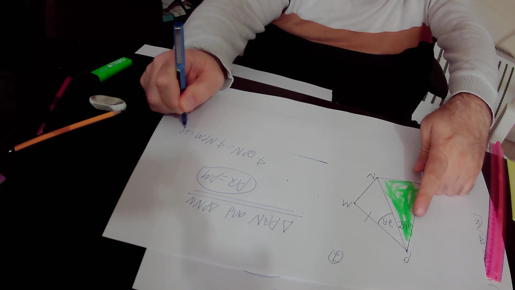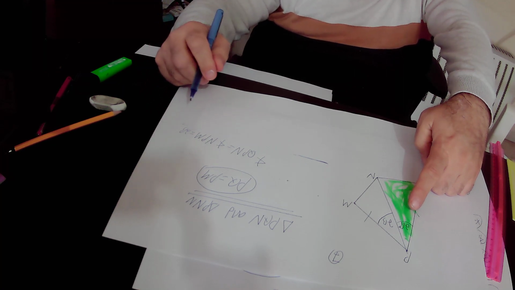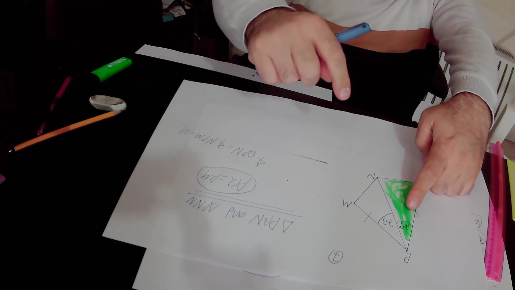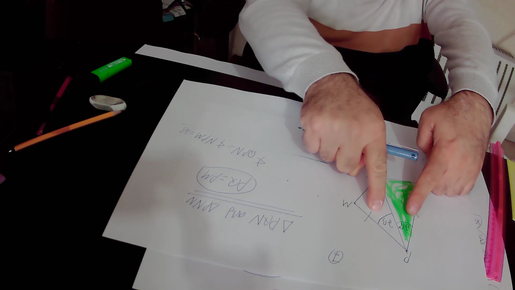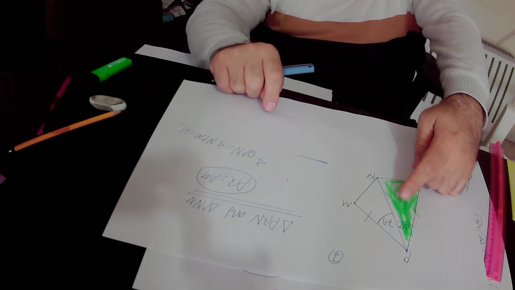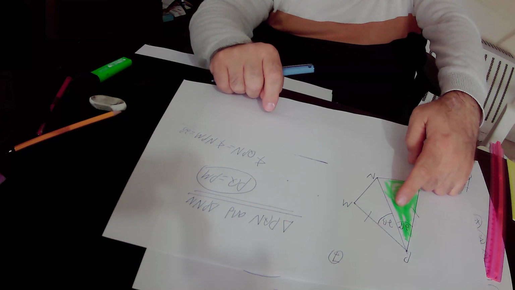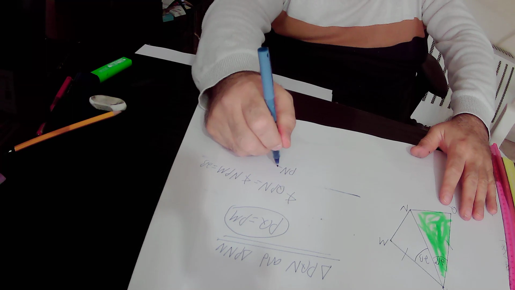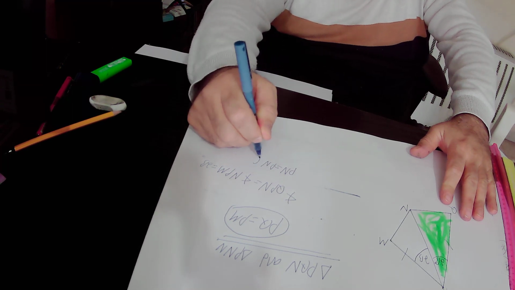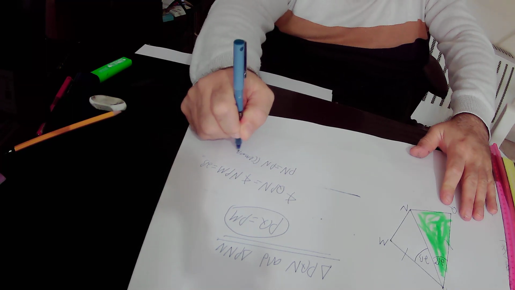As you can see from the drawing, angle QPN in the green triangle equals angle NPM in the white triangle, and they are both equal to 2 beta. And we also have a common side. PN is a common side, it belongs to both triangles. So we can write down that PN equals PN as a common side that belongs to both triangles.